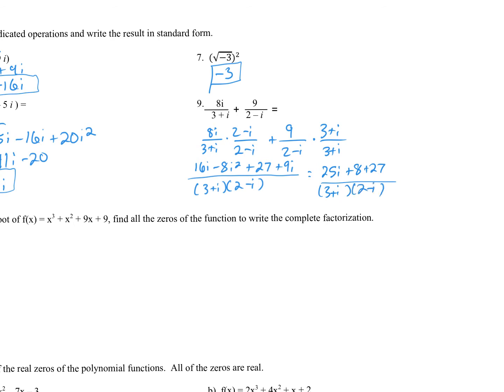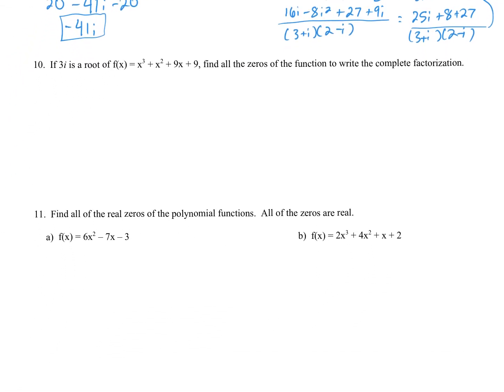And 8 plus 27 is 35 over 3 plus i and 2 minus i. I know if I factor out a 5, it would just be 5i and 7 on top, so nothing really cancels. So I'm just going to leave it as is.